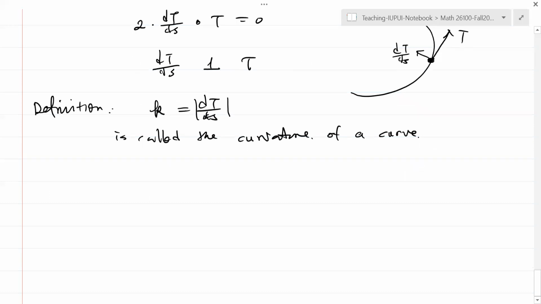Now we continue. We can normalize this curvature vector, because it is not necessarily of constant length, so it changes.